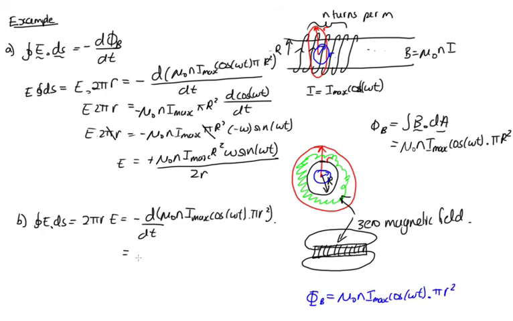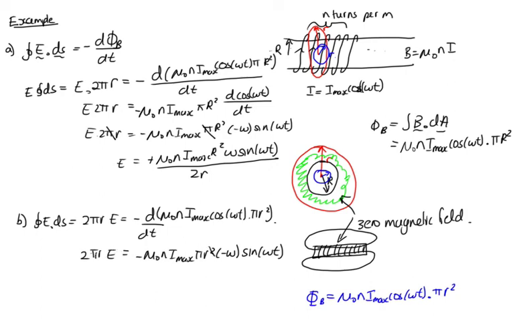And solving this, we have minus mu naught n I max pi r squared, and then we're going to differentiate cos omega t, so we'll get minus omega sine omega t. And that's 2 pi r and E.